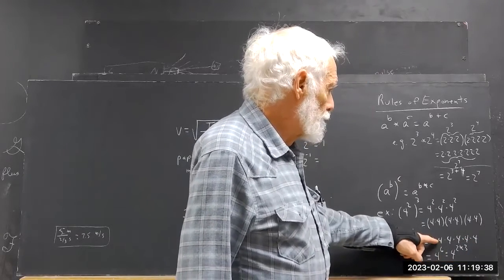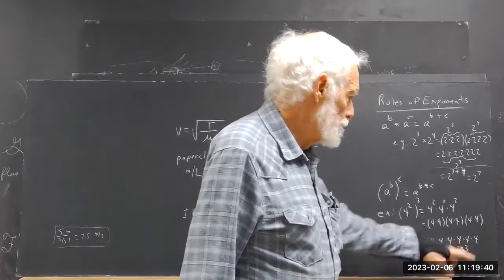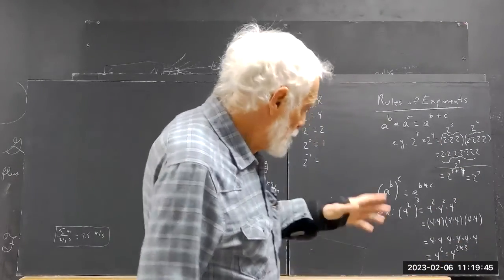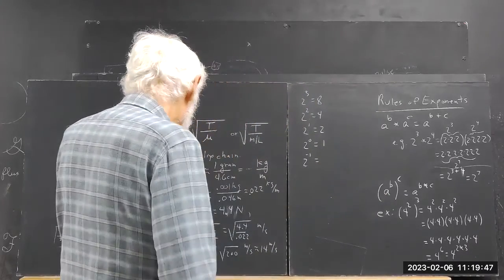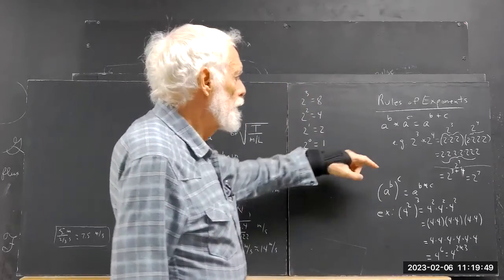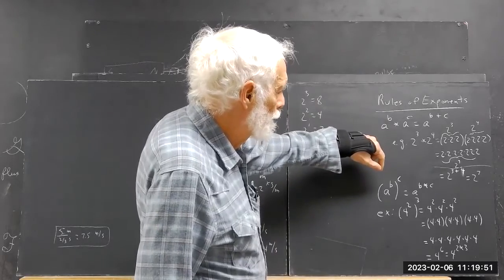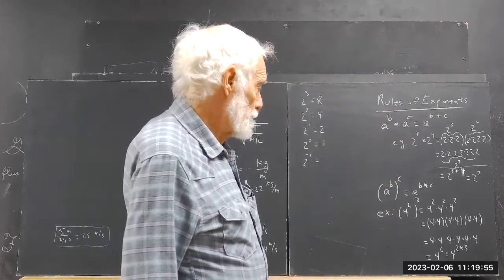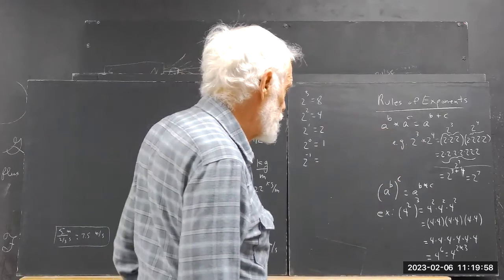And that gives us 4 to the 6th, and that's 4 to the 2 times 3, because we have 3 groups of 2 4s. So that's how raising a number to a power and raising that to a power works, okay? A power of a power, an exponent of an exponent.